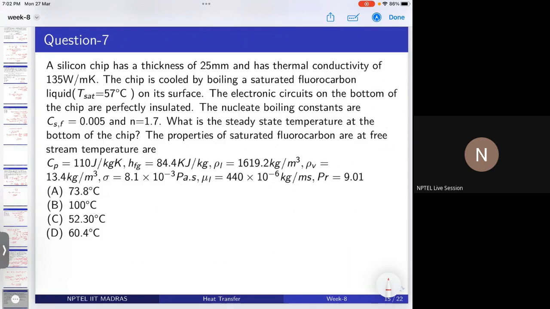Its saturation properties are given. So how do we proceed with this question?